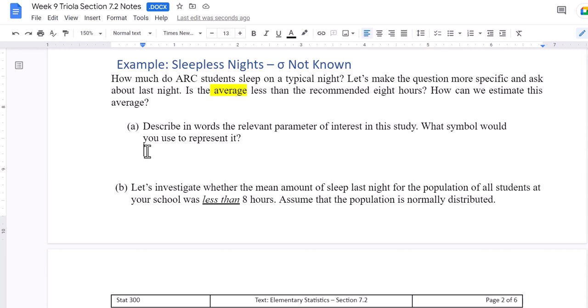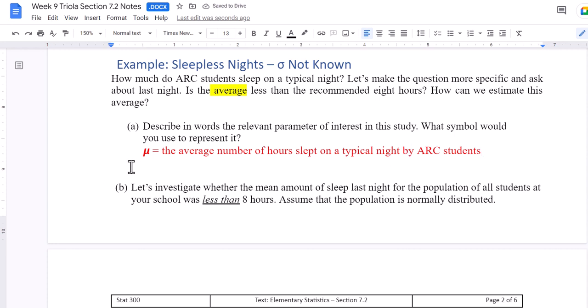We're going to say that the parameter is the average number of hours slept on a typical night. Because we're dealing with a population parameter, our symbol is going to be the Greek letter mu. So mu is the average number of hours slept on a typical night, and we can be a little more specific and say by ARC students. So that is our parameter.